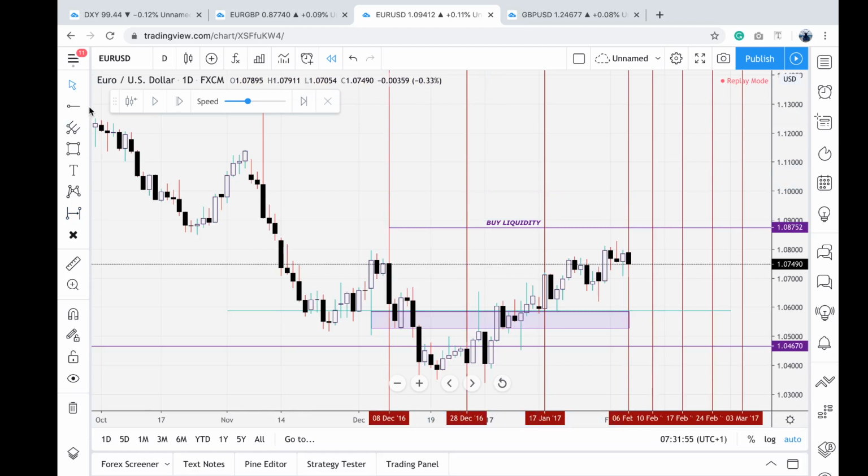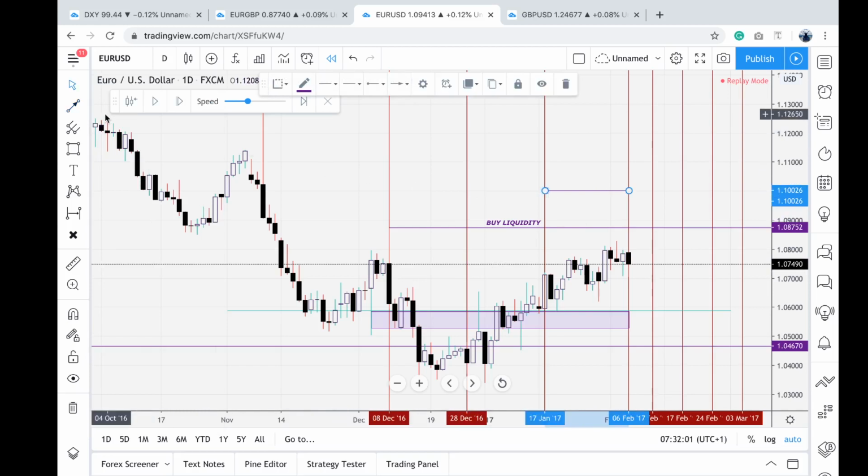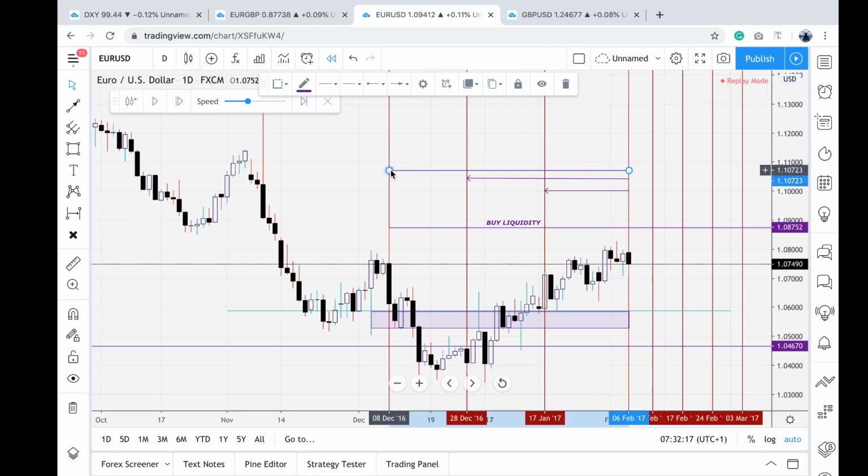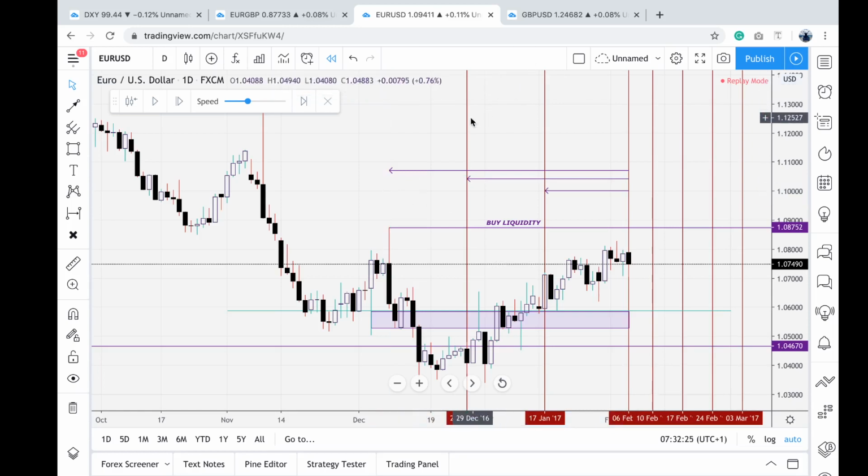The next thing we want to do is pull up our arrow toolbar and mark the 20-day, 40-day, and 60-day IPDA range. Okay, so 20-day, 40-day, 60-day IPDA range. So simply do this.